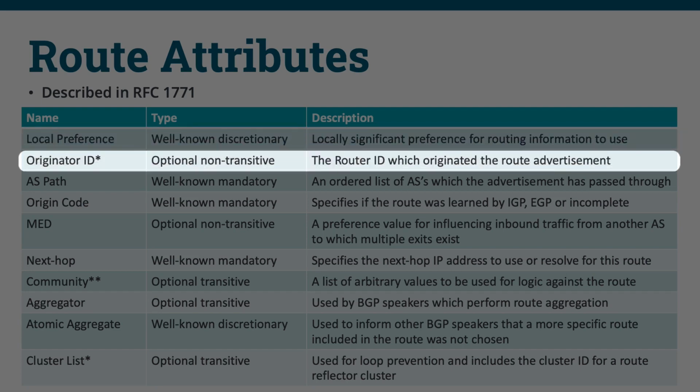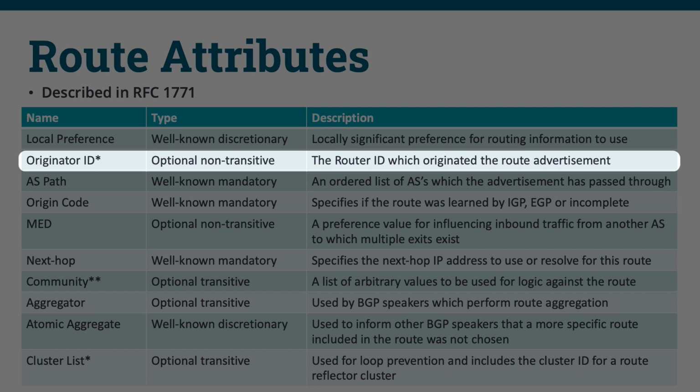The originator ID, like the cluster list attribute, is used in iBGP environments where route reflectors are implemented. The originator ID is used as a loop prevention mechanism and is populated with the router ID of the router which first advertised the route.